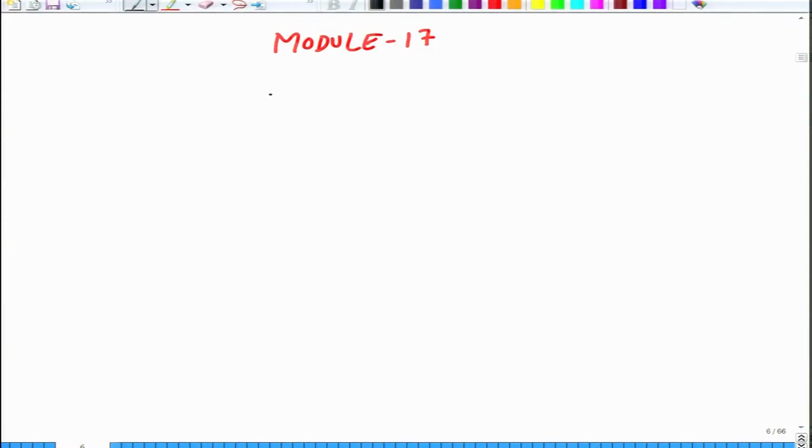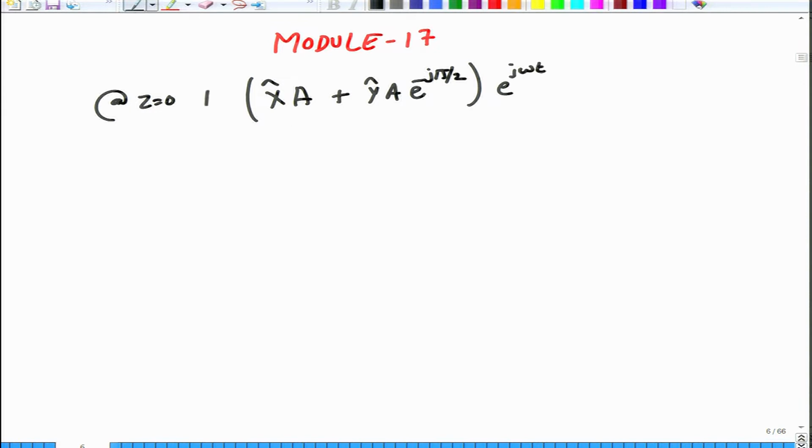Okay. So we took the electric field to be of the form x hat a at the z equal to 0 plane. Of course, we took this as x hat a plus y hat a e power minus j pi by 2. Now I will first convert this phasor at the z equal to 0 plane into the real time dependent expression.